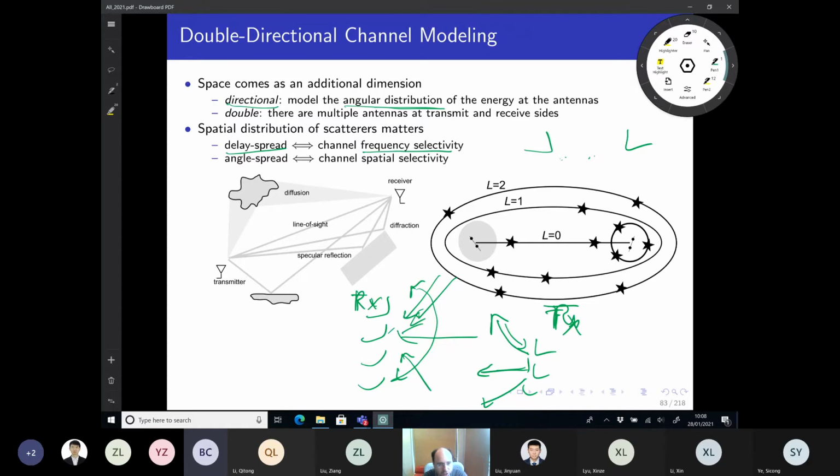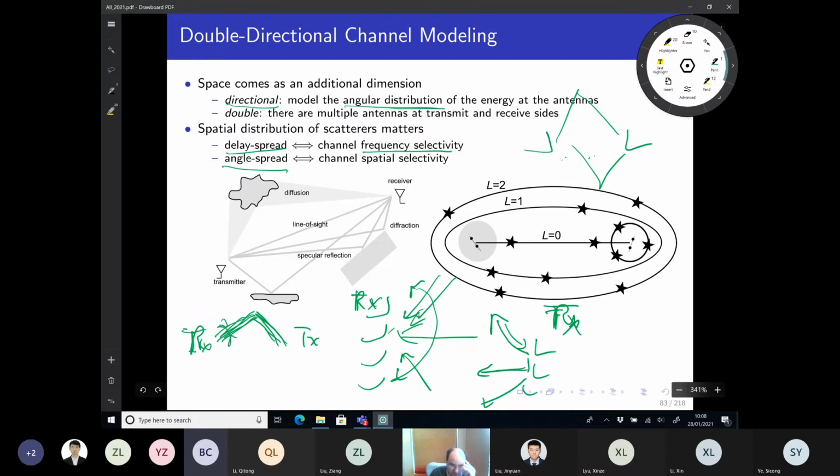Now, here we don't really look at frequency selectivity, but I want to give you the analogy in the spatial domain. Instead of having a large delay spread where you have many echoes coming with different delays, you can have this in the angle domain. You can have scenarios where you have a transmitter and a receiver, and all the paths depart in some directions and arrive from some directions, so your angle spread will be very small.